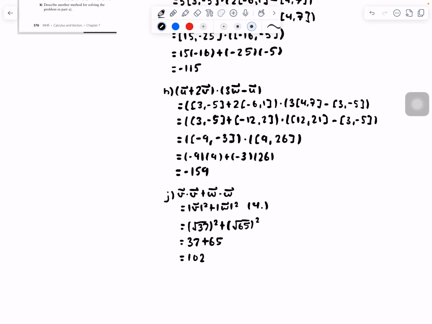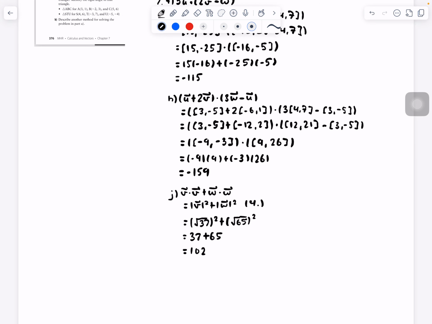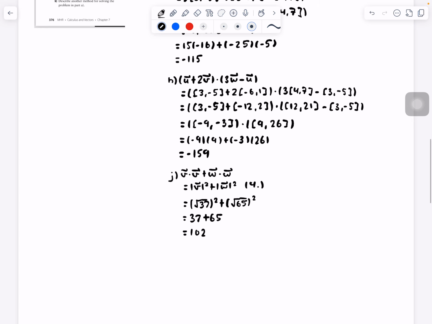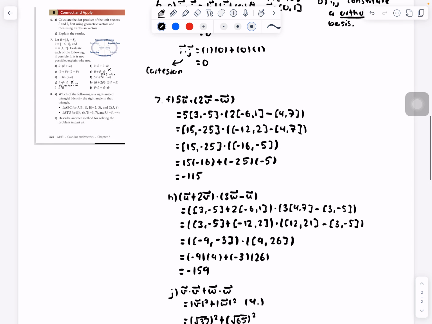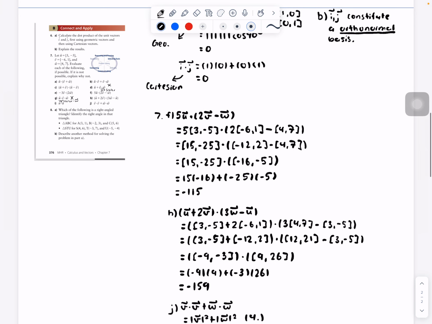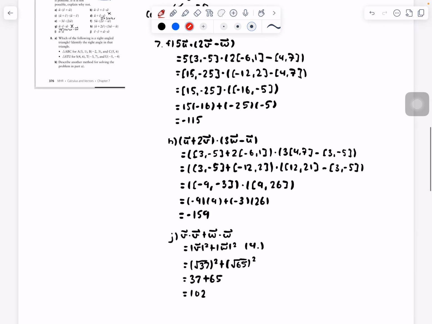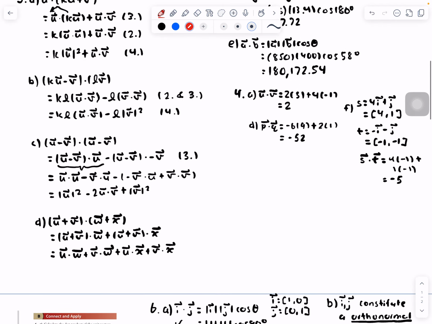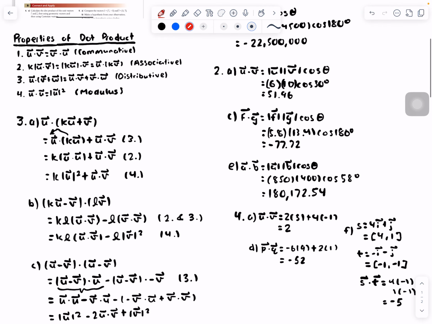Good. And yeah, you could have done it the alternative way, we dot them first as well. Both are fine. I just want to make a clear distinction of when I'm using the properties. I guess I'll put them in red so you know that I'm using one of the properties.